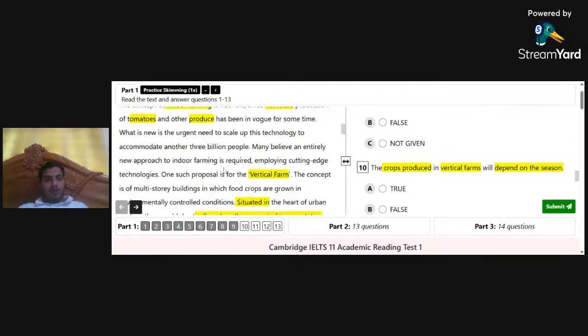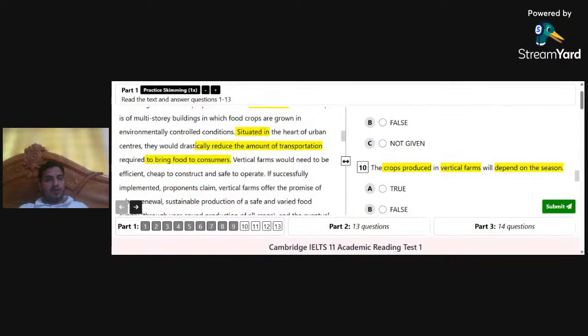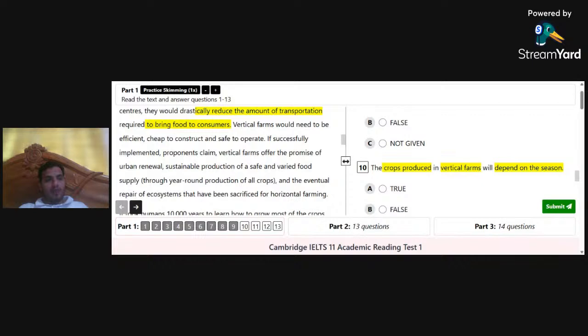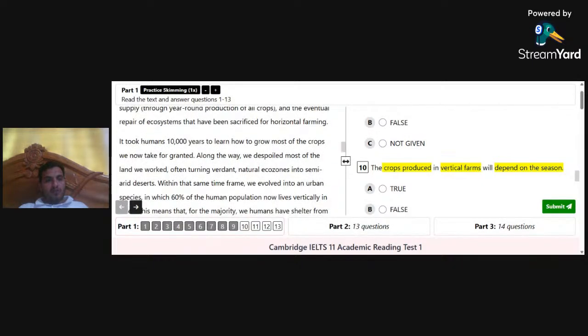Okay, going through quickly, as you will need to develop your speed reading habit, your speed reading skills. Try to read daily, try to read 6 pages of a book.